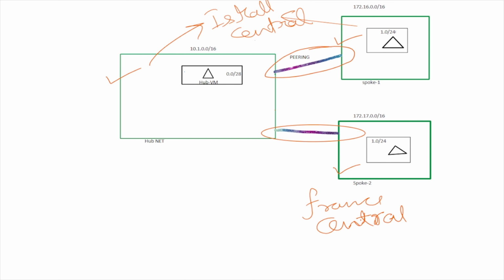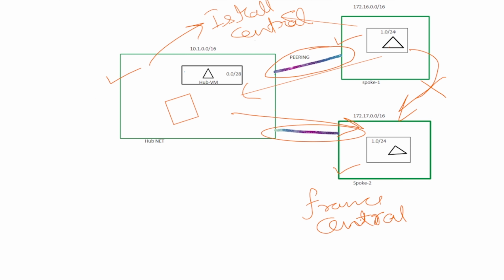We can also notice that this hub must be available with both address spaces so this hub can route or forward the traffic between these spokes. Let's suppose this spoke one resource wants to communicate with spoke two. By default, it will not be able to. This connectivity can be achieved if each is paired with the hub VNet, and the hub VNet can forward the request to the spoke two VNet resources, so that we can establish communication.